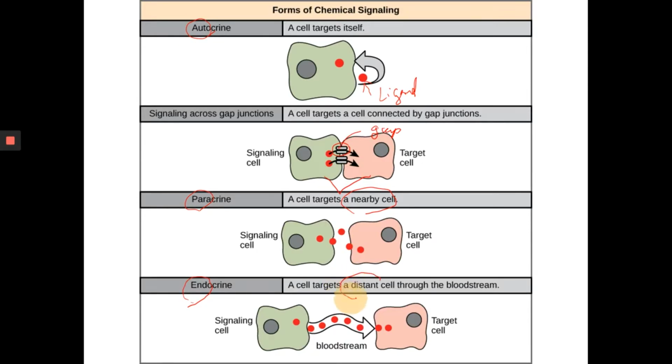Okay, over long distance. So for example, the thyroid hormone secreted by your thyroid gland, which is in your neck, can affect pretty much all your cells. Whether it's the cells in your leg or the cells in your organs, so that's a very long distance. So in endocrine cell signaling, the ligands, you see these red dots, are going to travel in the bloodstream and then get to their target cells.